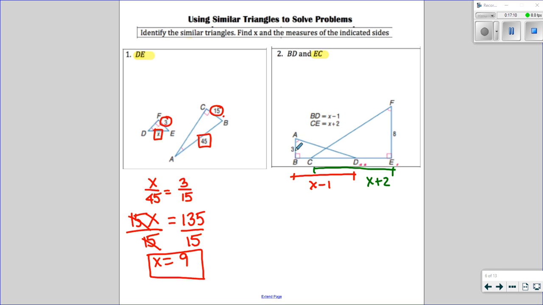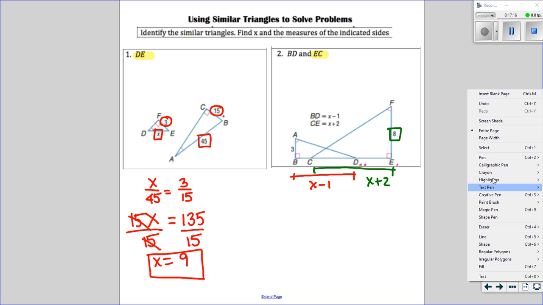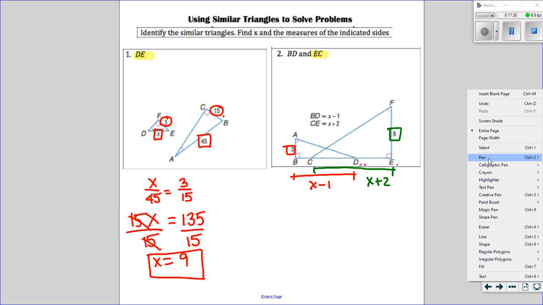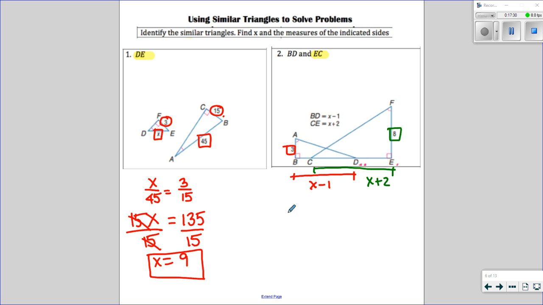Looking at the sides, this 3 belongs with the triangle with the x minus 1, and this 8 belongs with the triangle that has the x plus 2. I'm going to set up the proportion. So 3 over x minus 1 is equal to 8 over x plus 2.